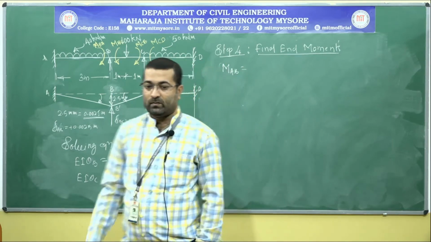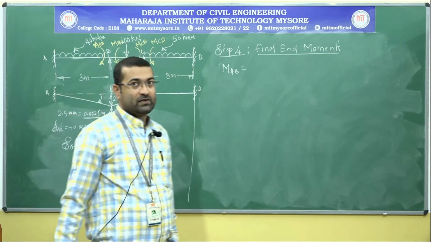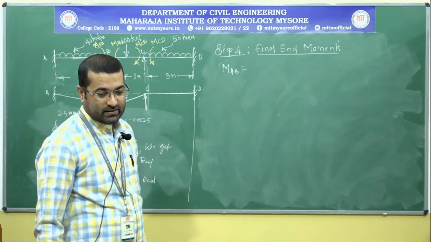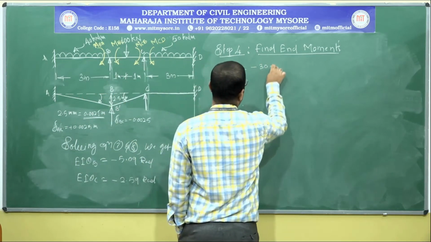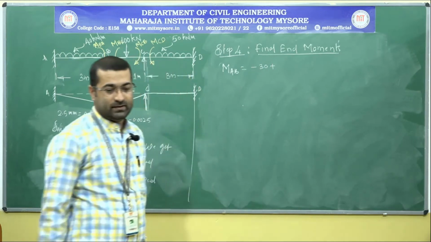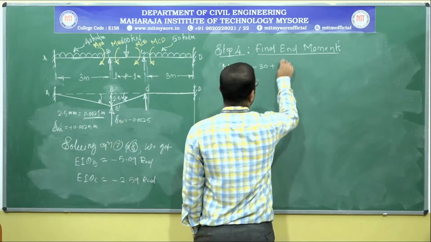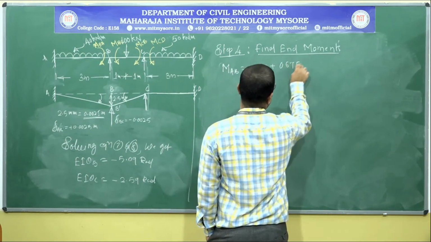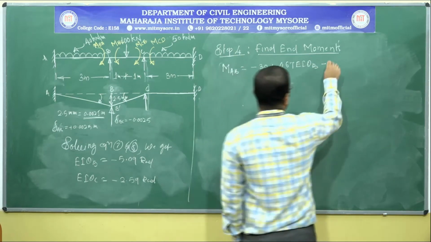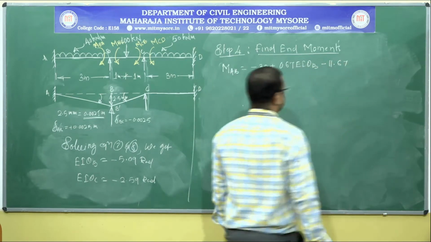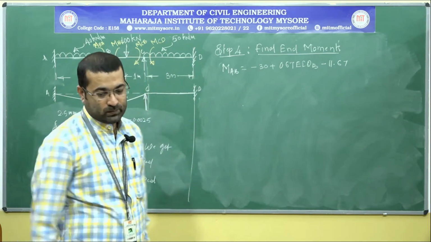As per step number 2, the equation for MAB is minus 30 plus 0.67 EI theta B minus 11.67. So this is the equation as per step number 2.